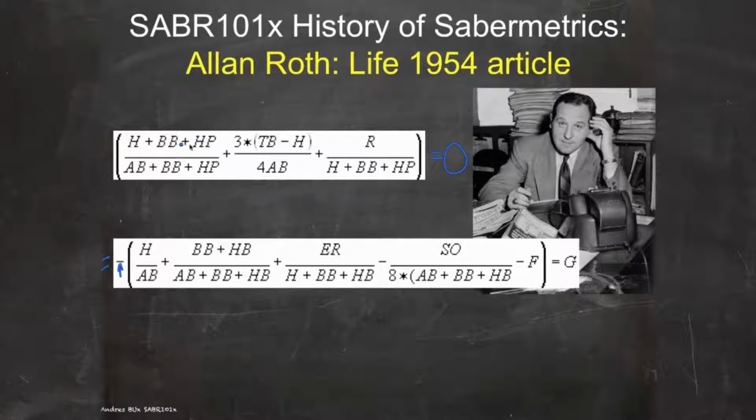Now this might be familiar to folks. Hits plus walks plus hits by pitches divided by at-bats plus walks plus hit by pitch. This is on base percentage, OBP. Now this is a little different. We may or may not have covered this very well.